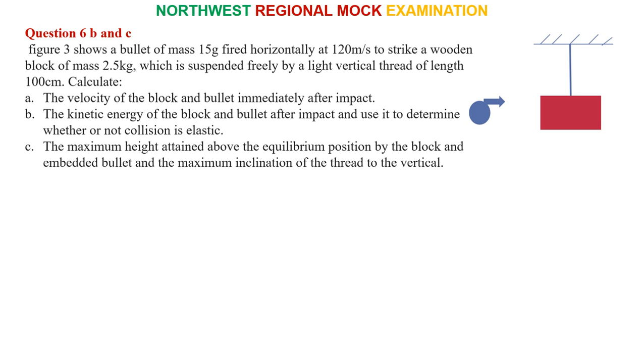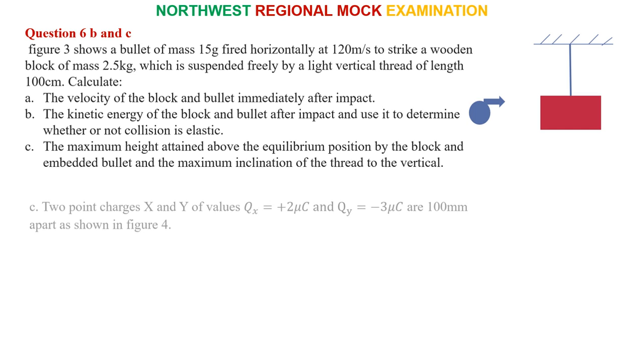Calculate A, the velocity of the block and bullet immediately after impact, and B, the kinetic energy of the block and bullet after impact, and use it to determine whether or not the collision is elastic. C, we should calculate the maximum height attained above the equilibrium position by the block and the embedded bullet, and the maximum inclination of the thread to the vertical.